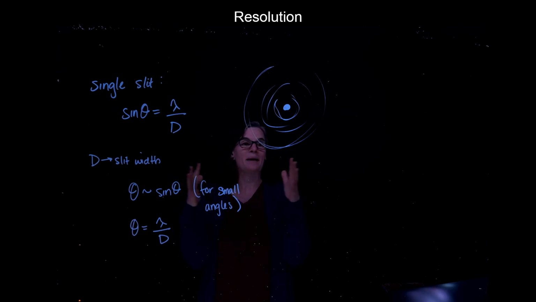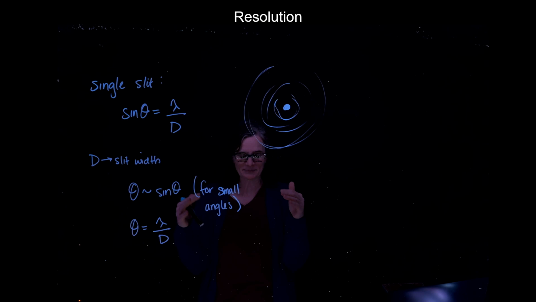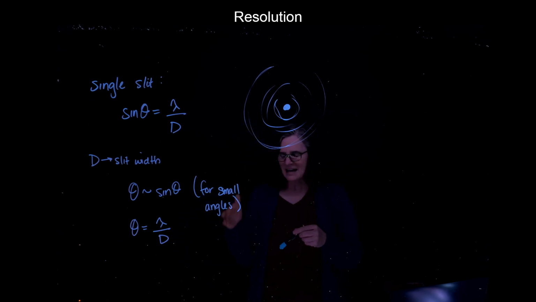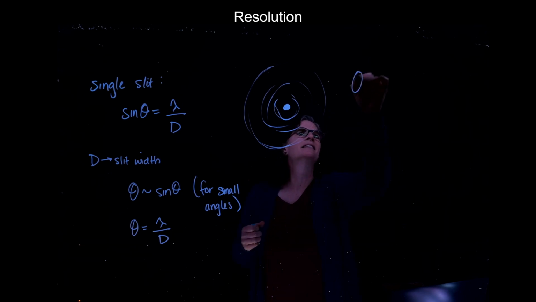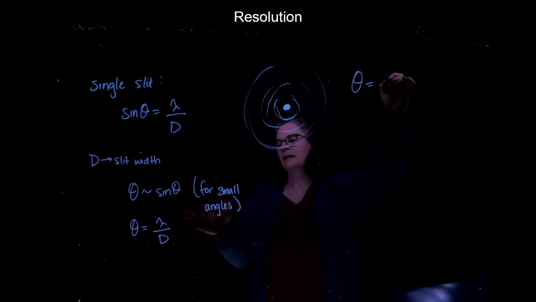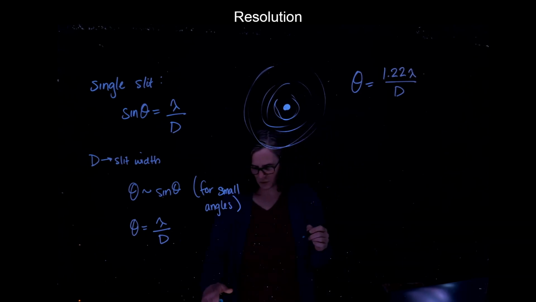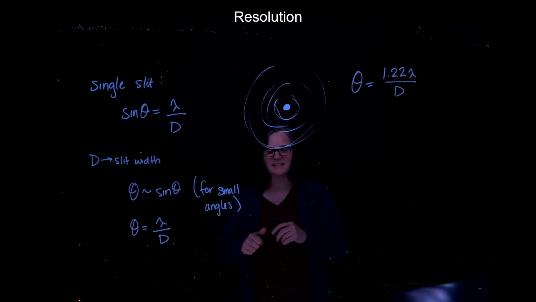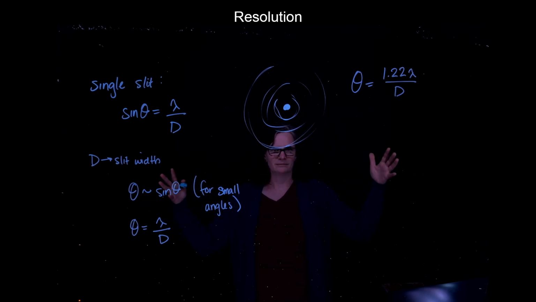We kind of have to do an averaging because that slit changes its size in a circular pattern. And so it has a factor. It's not just theta equal to lambda over d, it's 1.22 times lambda over d. This factor 1.22 arises because the width isn't uniform across the circle.